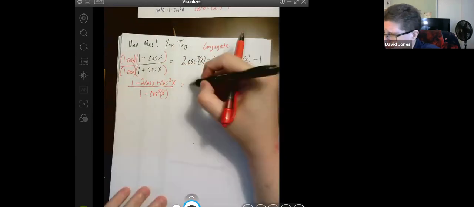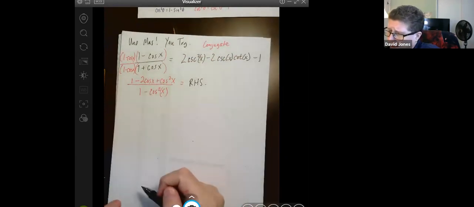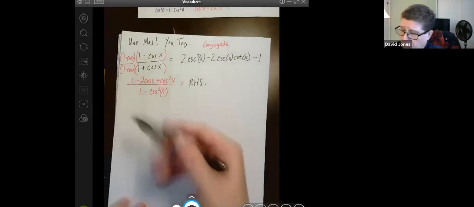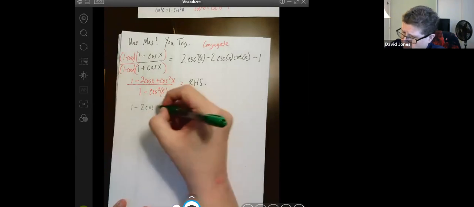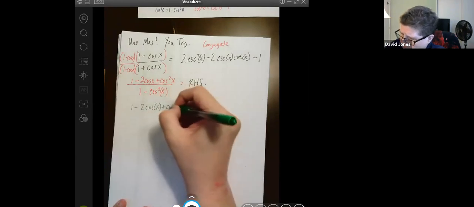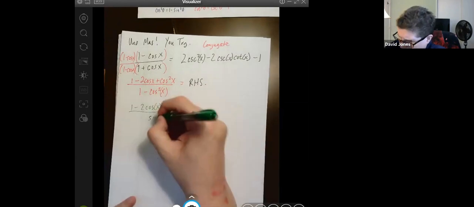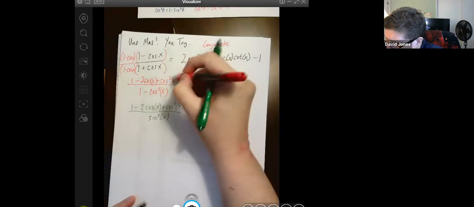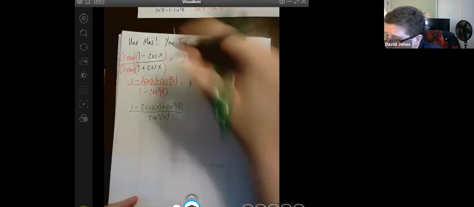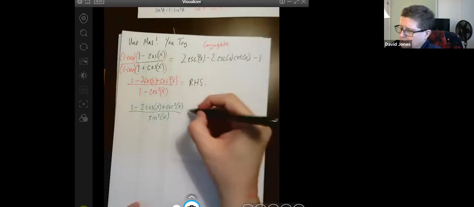And right-hand side still here. Bottom is sine squared, right? Still equals the right-hand side.